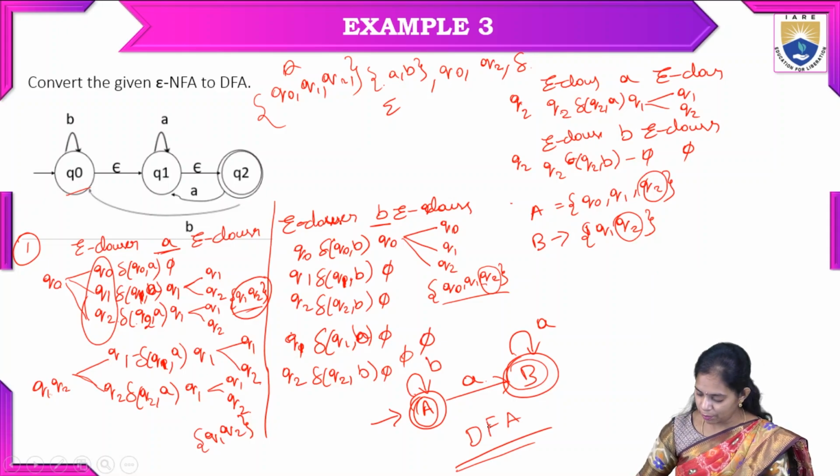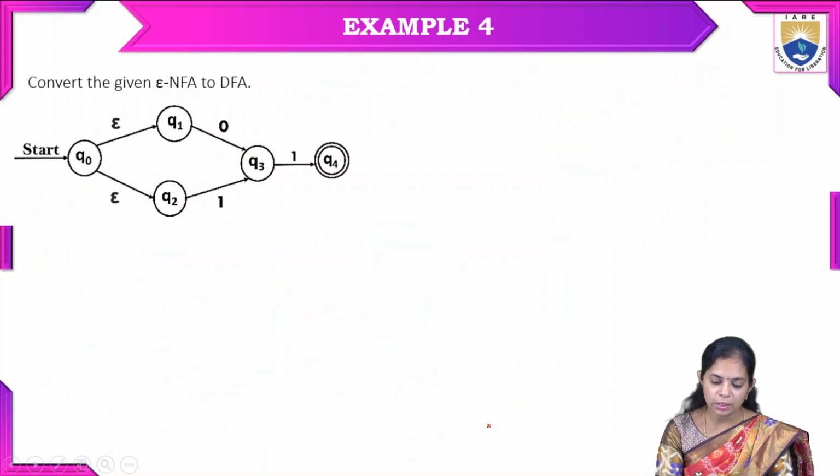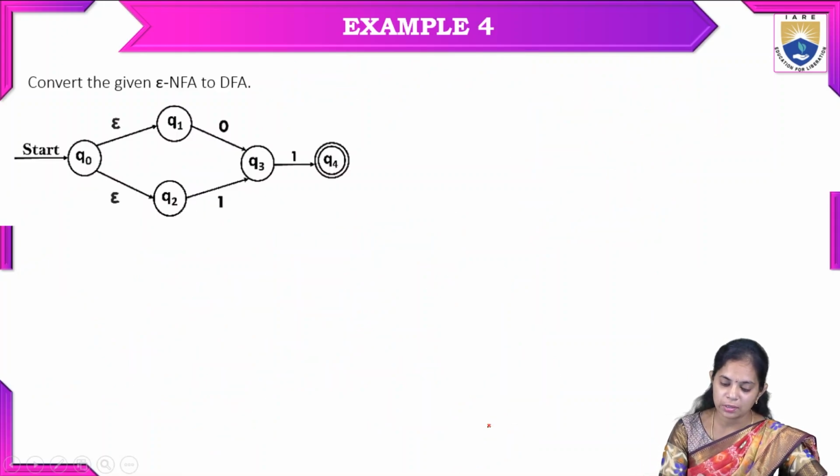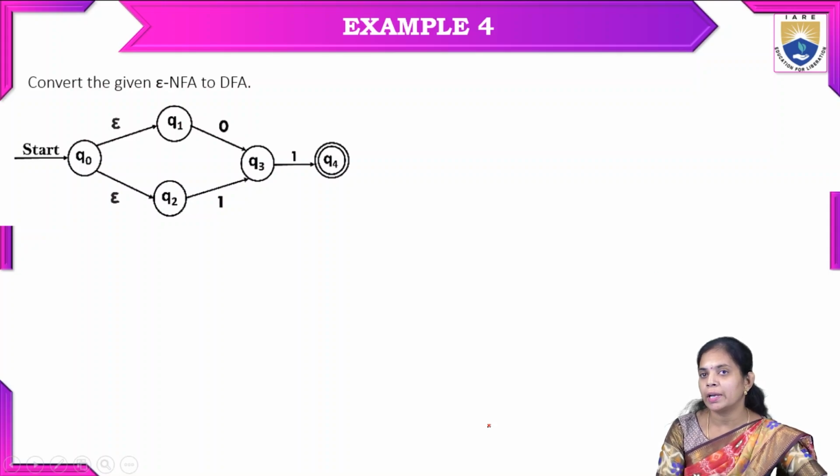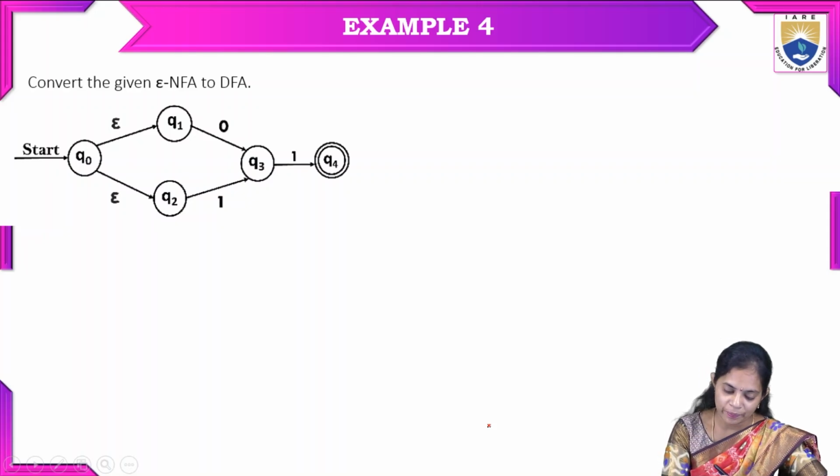And one more example. Here there are 5 states, so we will find the transitions, remove the epsilon moves first, and then convert it to a DFA. So let me write the definition.